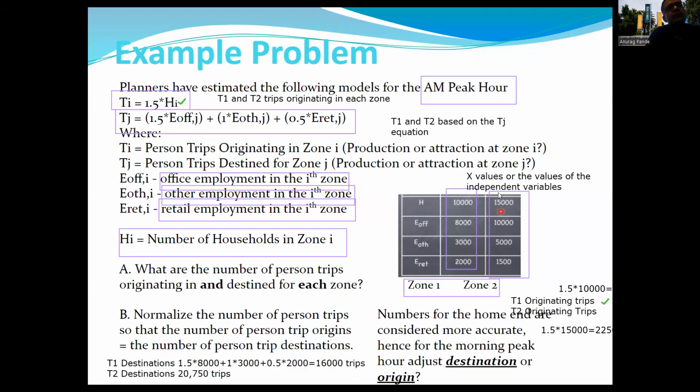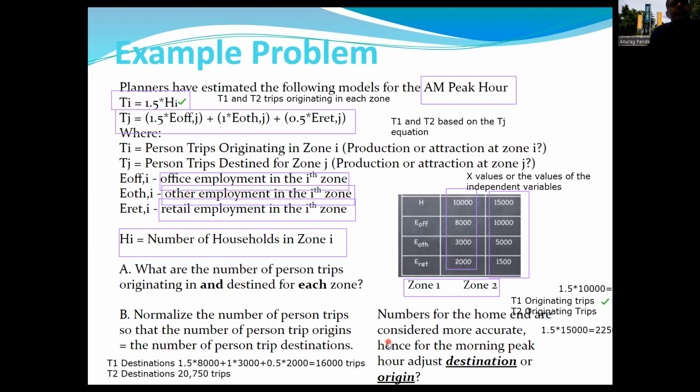Remember, this column represents the characteristics of zone 2, and apply those numbers to this equation. Now, it looks like zone 1 has 15,000 trips that then go to zone 2, and assume that there are no intrazonal trips, right?